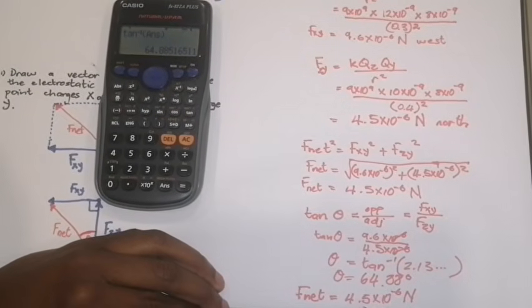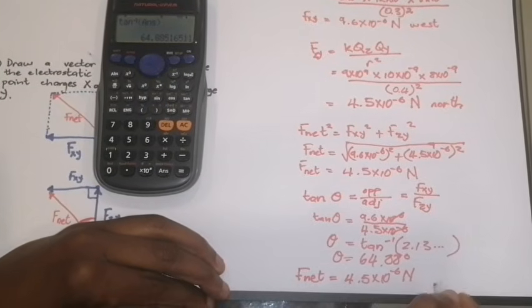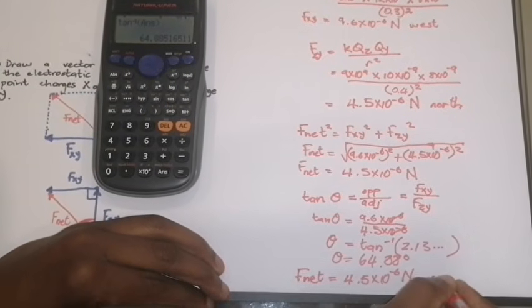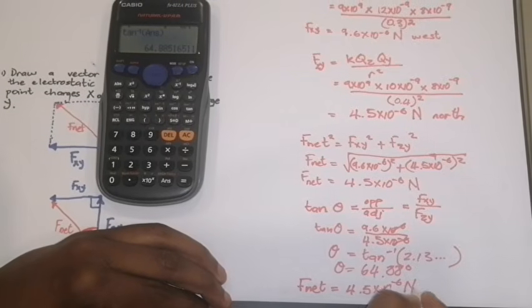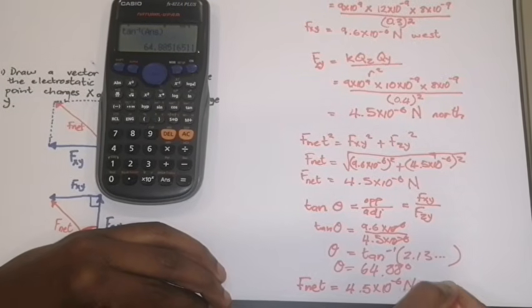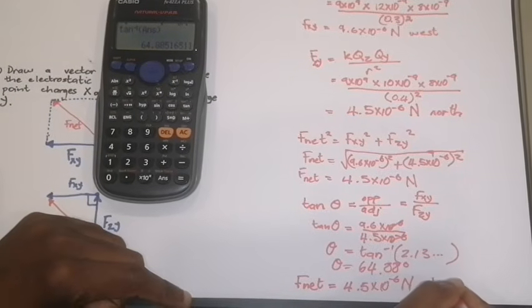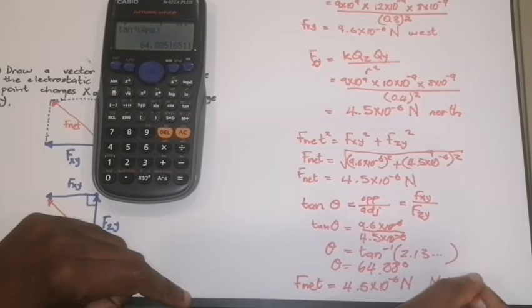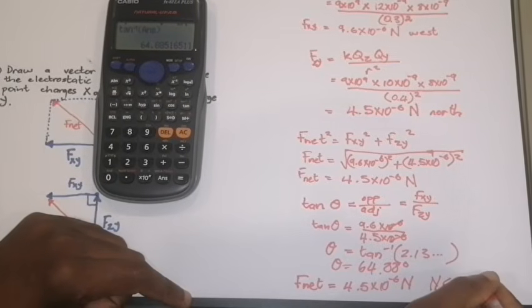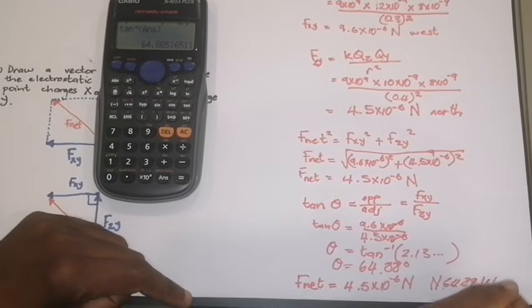So I'm going to say my net force is 4,5 times 10 to the minus 6 newtons. In which direction? From the north, I'm going to move 64,89 degrees towards the west.